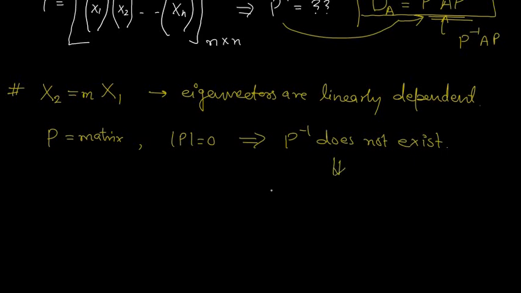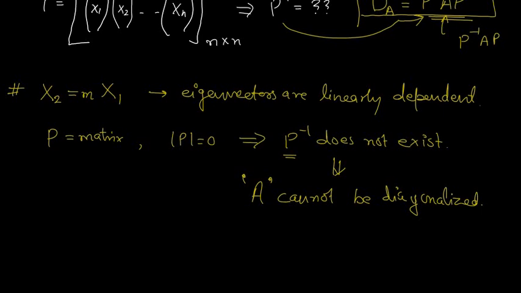This implies that A, your matrix, cannot be diagonalized. So the existence of P inverse is necessary for diagonalization. That is the reason why the eigenvectors should be linearly independent.